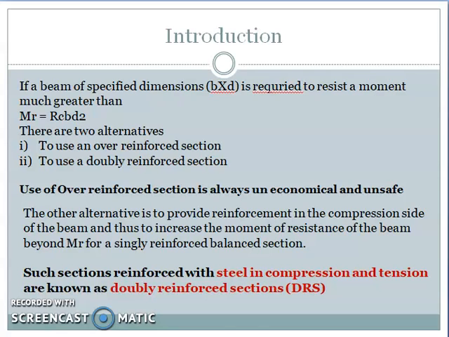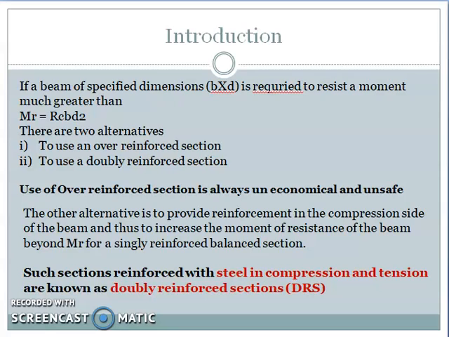In an over reinforced section we have already learned that the failure is sudden. There are no signs of cracking or any other failure, but there is a sudden failure when you provide an over reinforced section.